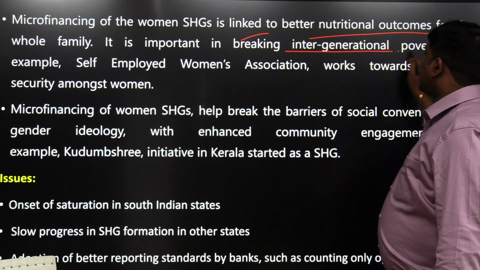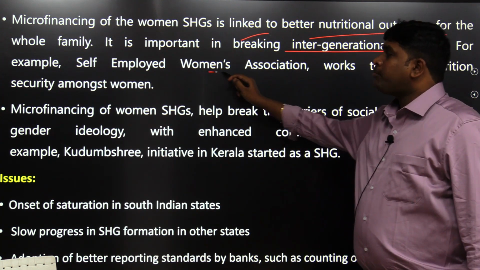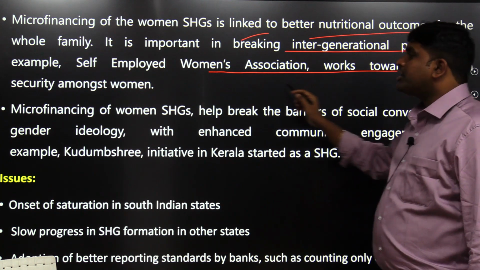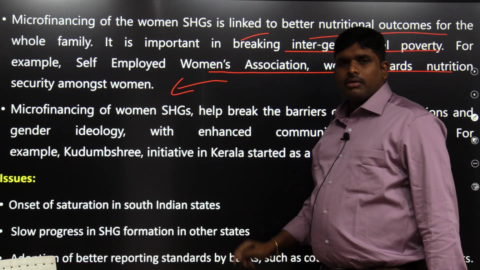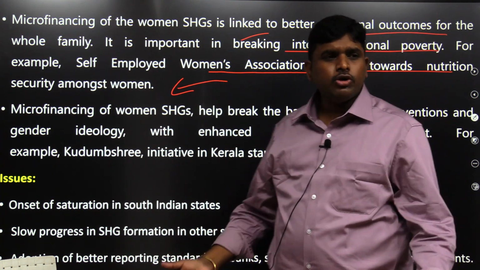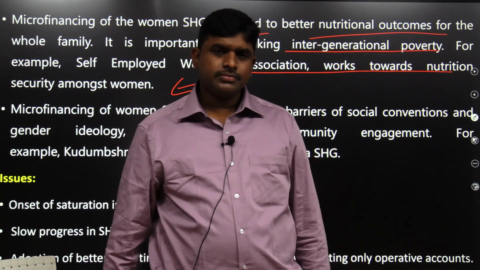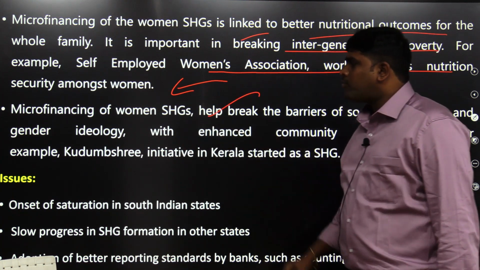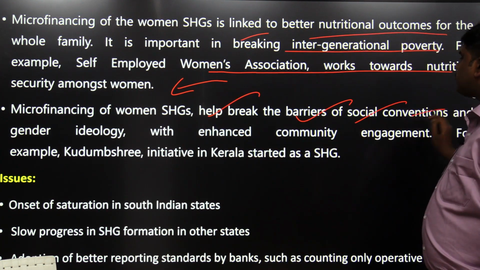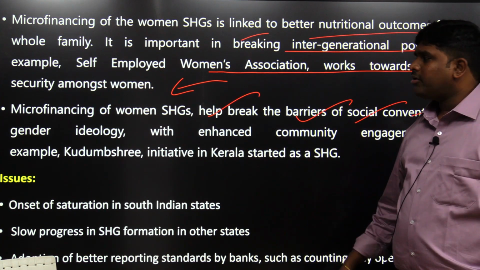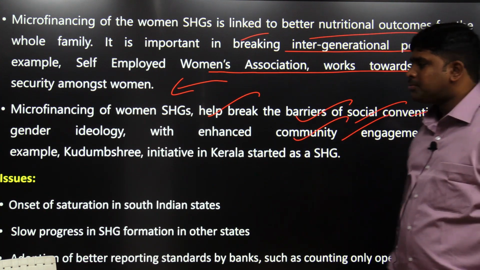It is important in breaking intergenerational poverty. Self-Employed Women's Association works towards nutrition security among women. If she is pregnant and unable to get quality food, she takes microfinance for immediate requirements. Microfinancing of women self-help groups helps break the barriers of social conventions and gender ideology with enhanced community participation.